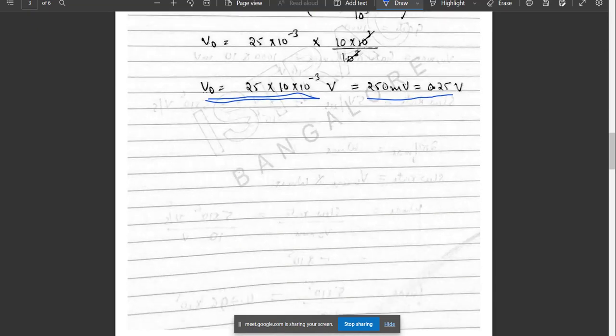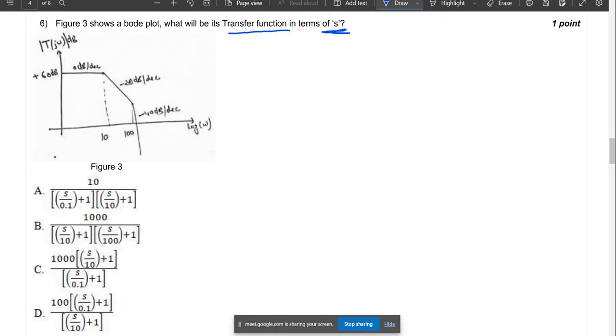Before going into solutions, first thing you do is observe the magnitude given here. The magnitude given is plus 60 dB.